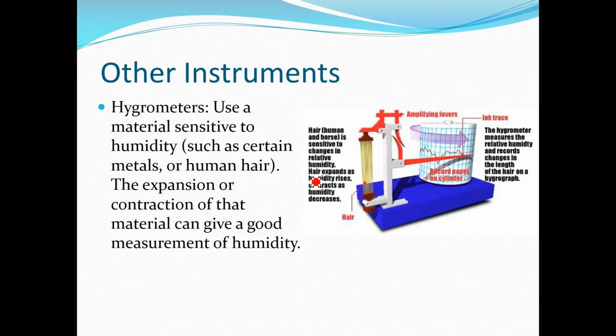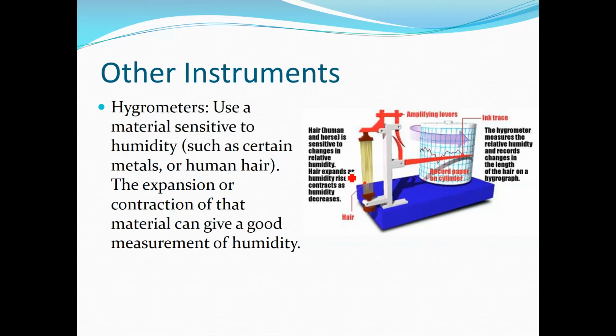Another way is to use something called a hygrometer, which is basically just a device that's sensitive to changes in humidity. The way a hygrometer works is we take some object that's sensitive to changes in relative humidity, such as hair. Remember, hair gets curly when it's really moist outside. As a result, when relative humidity changes, that causes these hairs to also change.